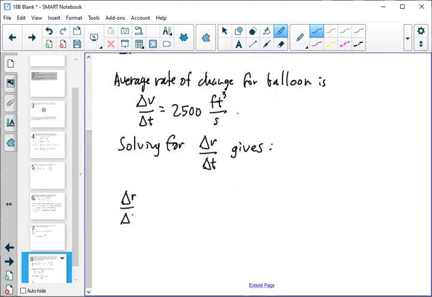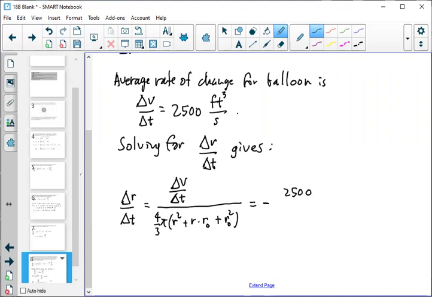Delta r over delta t is equal to delta v over delta t over 4/3 pi times r squared plus r times r 0 plus r sub 0 squared. Then continuing here, well, the numerator is just going to be 2,500.